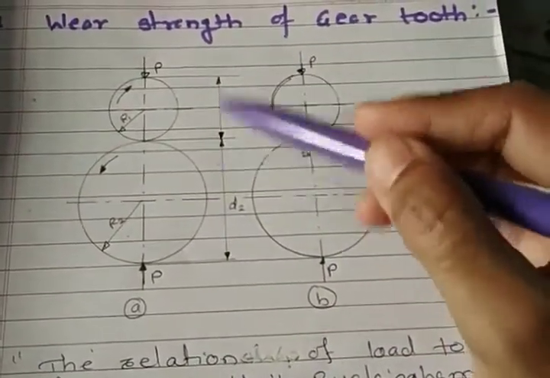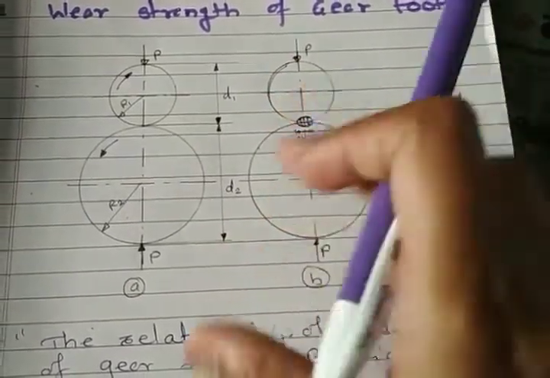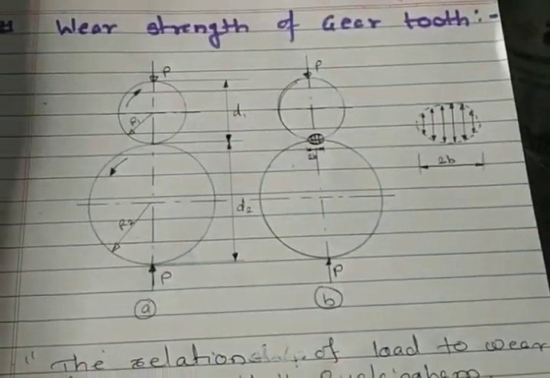When two cylinders come in contact, the contact stresses can be given by the normal load.